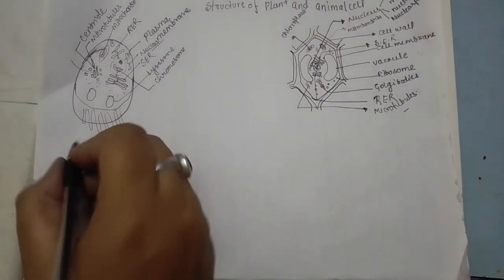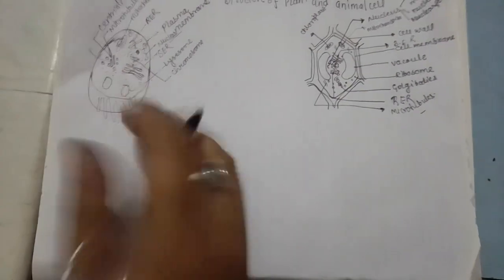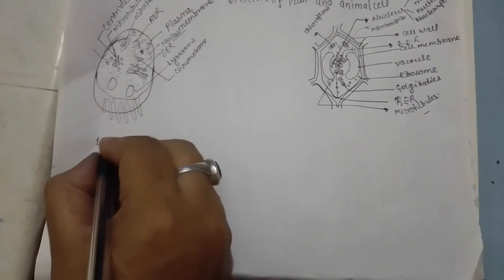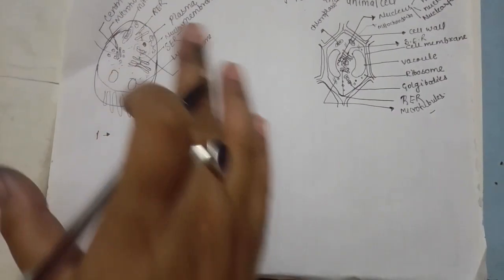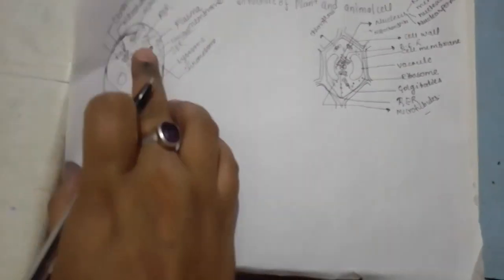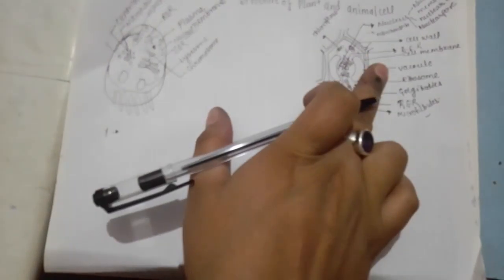So the first point, in the animal cell, animal cells are usually small in size and plant cells are bigger in size.